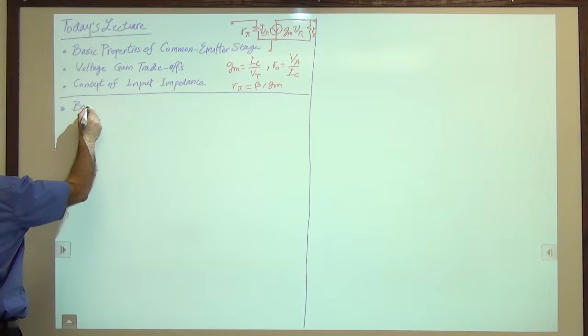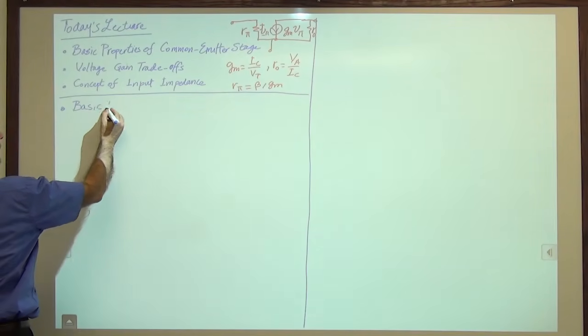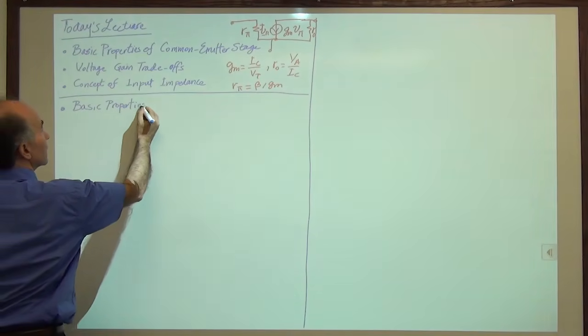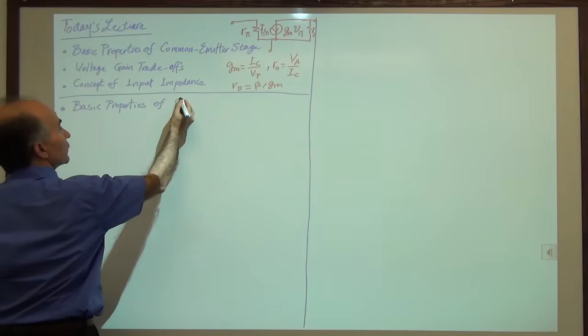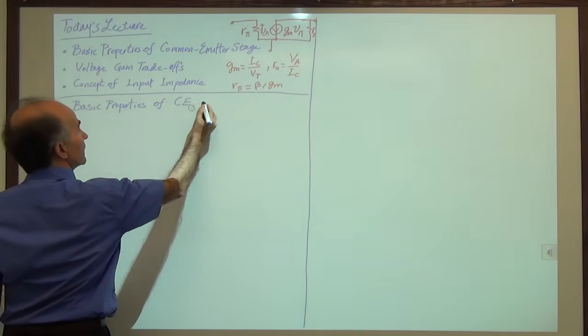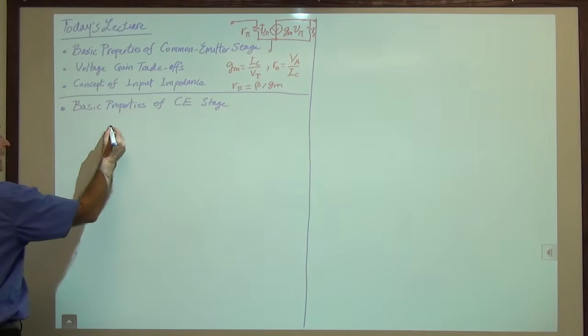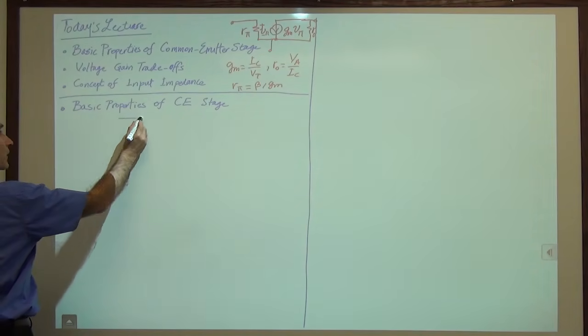Basic properties of the CE stage, common emitter stage. The circuit looks like this.